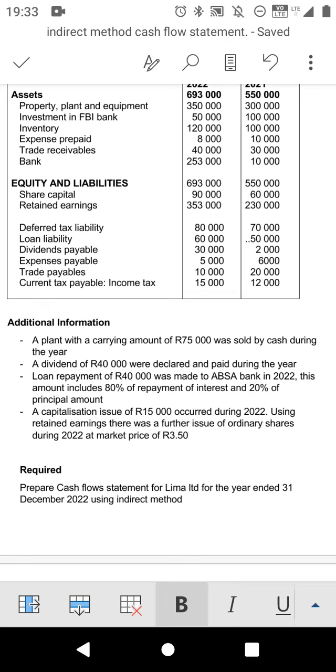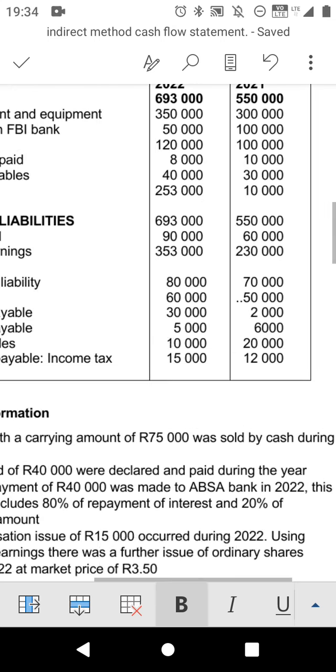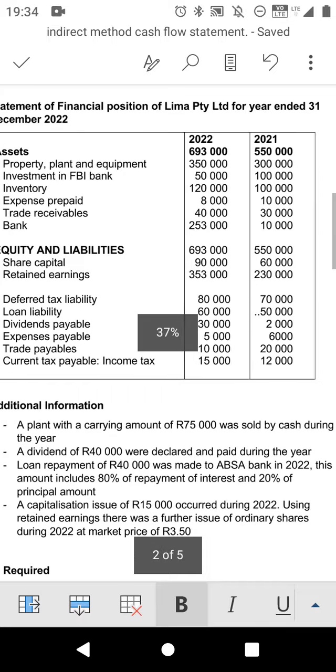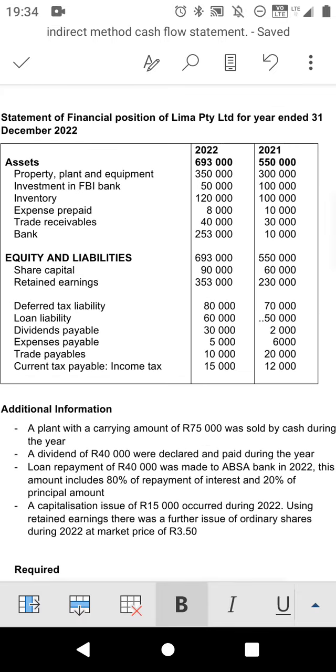Okay, we have the capitalization issue of 15,000, which we firstly have to add to the balance at beginning of our share capital. Alright, we have share capital of 60,000, which simply means that we have to say 60,000 plus 15,000. Then it will be 75,000. Now we can do the difference. Last year we had 75,000, including capital share issue during the year.